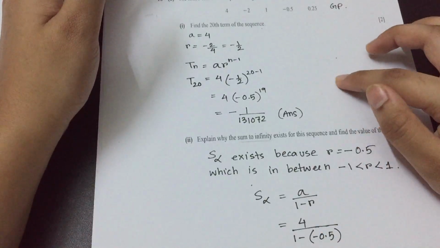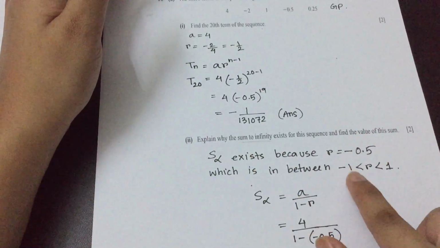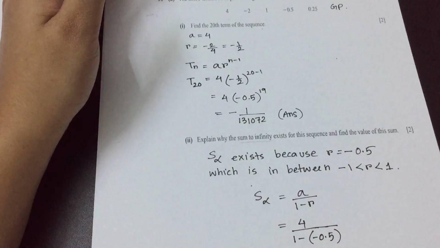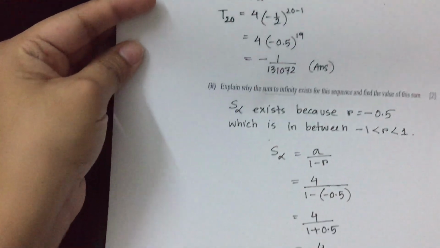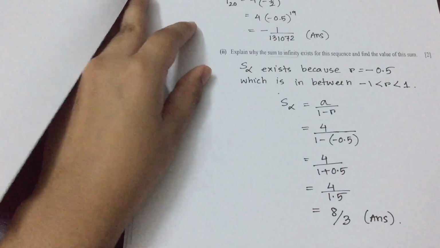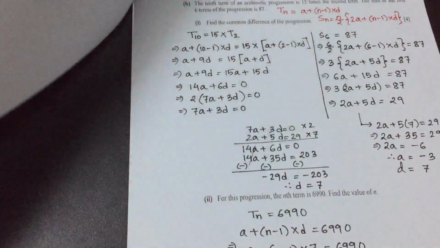This is a rule related to the sum to infinity. Since r is -0.5 and it is between -1 and 1, we can say that the sum to infinity exists. Finally, we use the formula for the sum to infinity and we find 8 over 3.